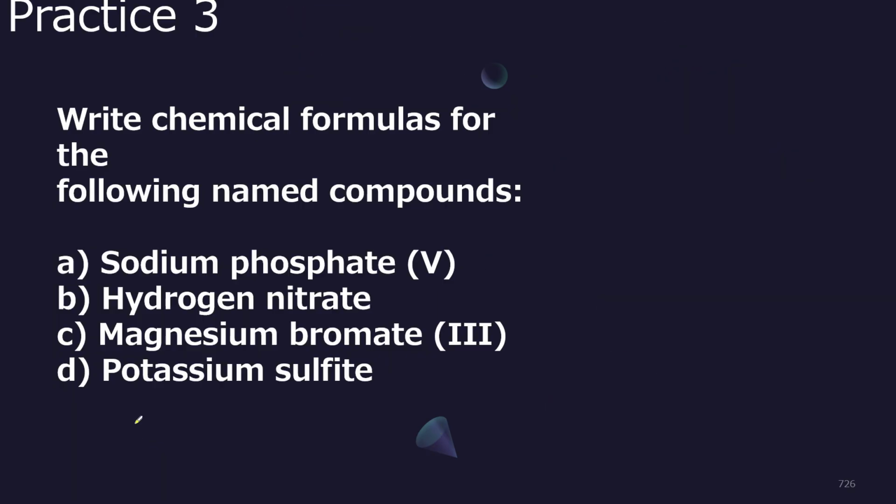Potassium sulfite with no numeral, that means we're using the casual name. Sulfate SO4 2- is the regular version of sulfate oxoanion. Ite, ITE, means it's less oxidized, so SO3 2-, same charge though. So potassium, we're going to need 2 of those to balance with SO3 2-.